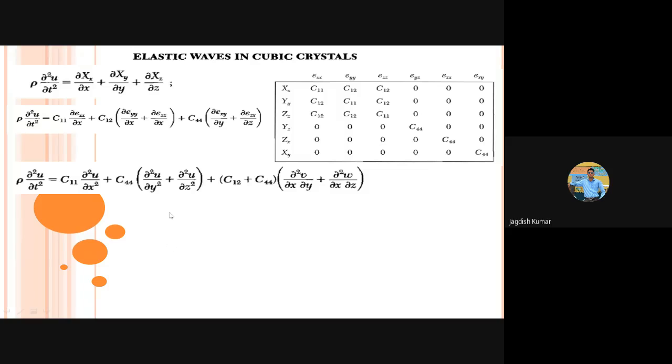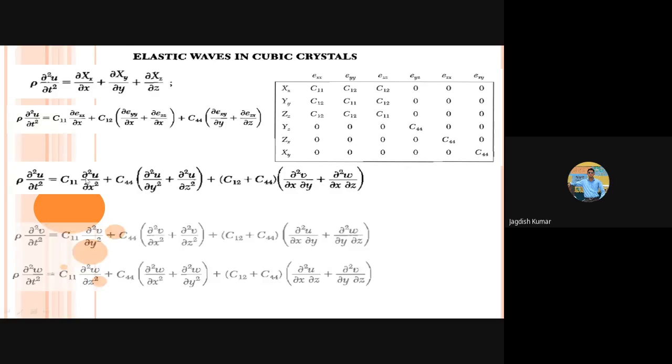There will be another assignment for getting these two equations as well for the y component of the displacement. So what you shall obtain is that for a cubic crystal, you will be in a position to get the y component of the displacement like this. This is something interesting, that for a cubic crystal you will get this kind of equations. Then you may ask, what if we have a non-cubic crystal? The procedure will remain the same.